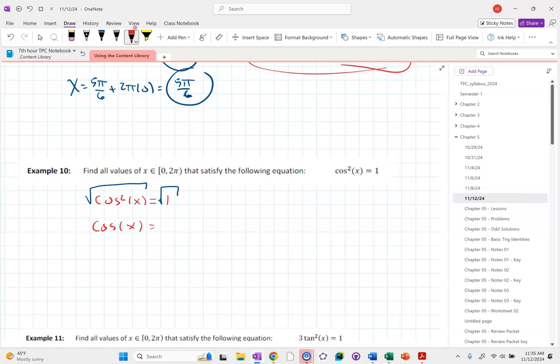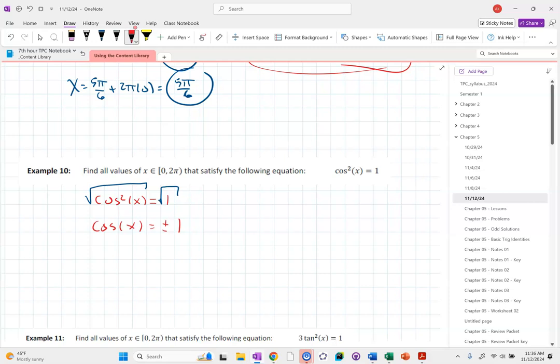Nope, the square root of 1 is just 1, right? What are we forgetting? Plus or minus. Yes, when you square root both sides of an equation, that always is going to generate a plus or minus. Please don't forget that.